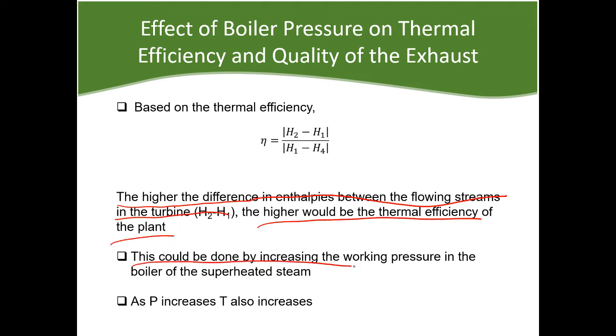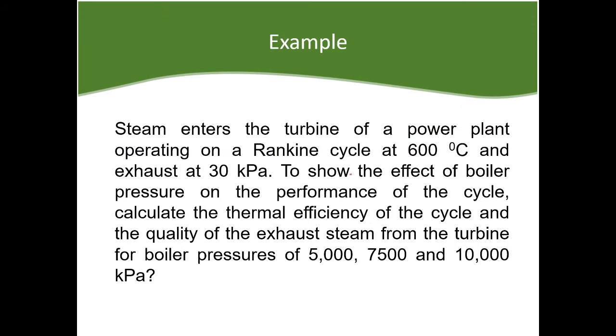And this could be done by increasing the working pressure of the boiler of the superheated steam. So, let's try that kung ano yung effect niya. Again, iterative yung pag-solve nito. The same process lang i-employ nyo to solve the problem at different pressure.